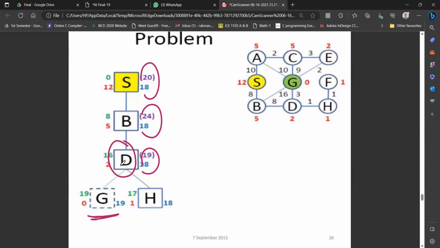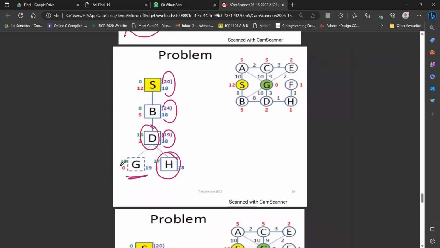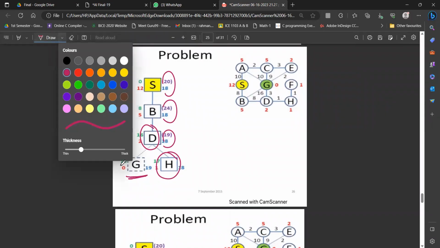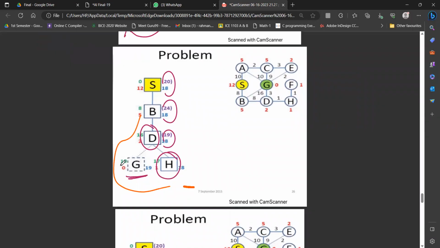So the next child node of D is H, all right? But to be able to do so, you need to delete one among D, G, and H, right? So among D, G, and H, the highest F value is that of G. So you delete G and you write H here.